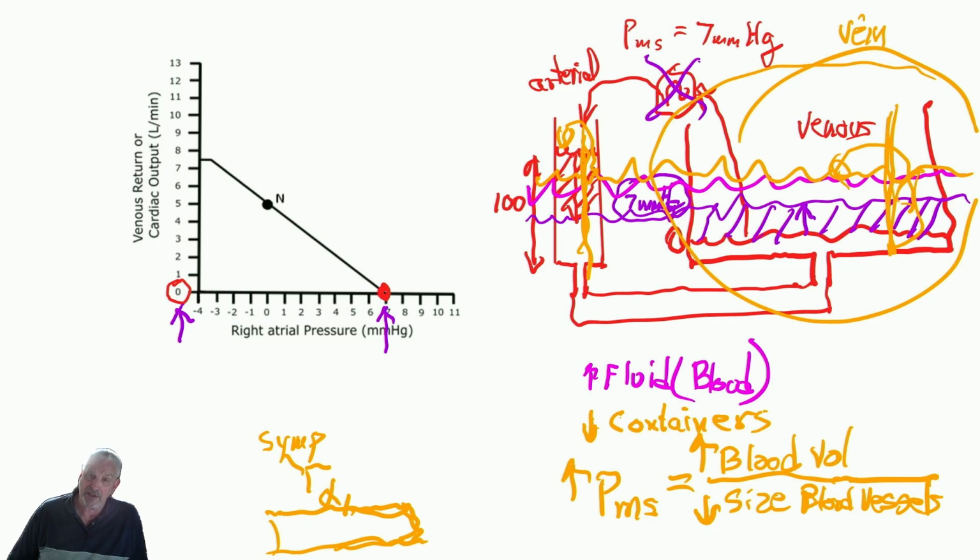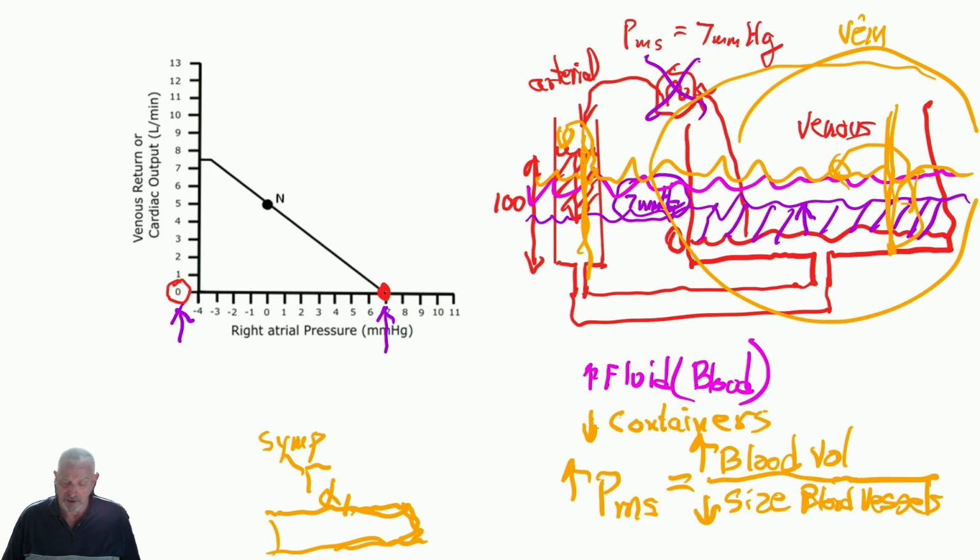So sympathetic constricting blood vessels increase mean systemic filling pressure, and withdrawal of sympathetic tone causes the blood vessels to get bigger. Alternatively, you could give a transfusion, which would actually physically increase the blood volume, or you could hemorrhage out or become dehydrated through sweating, and that would decrease blood volume.